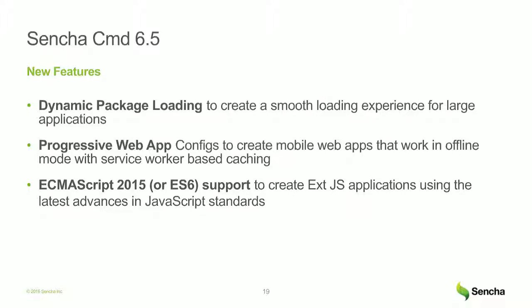And then, as I mentioned before, we've added support for ECMAScript 2015, or ES6, so that you can use the newer style JavaScript syntax within an Ext JS application, and Sencha Command will automatically transpile that as appropriate into something compatible across a broad range of browsers, typically converting it into ES5, which will run in the broadest range of browsers.